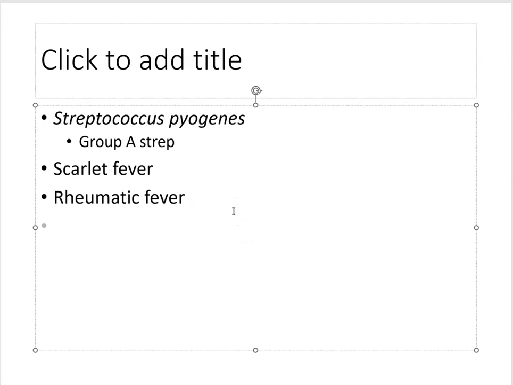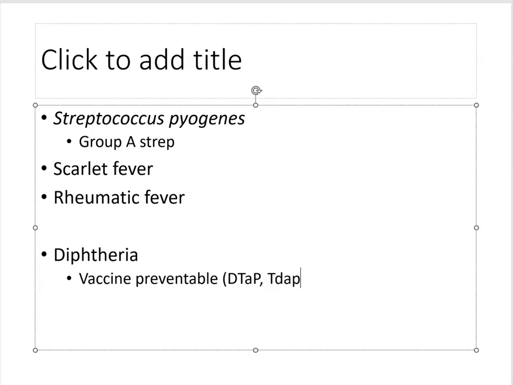The next disease is diphtheria, and this is vaccine preventable, and this is the D in DTaP, or the D in Tdap, or in TD, or the older vaccine that I probably got, DPT, or DT.